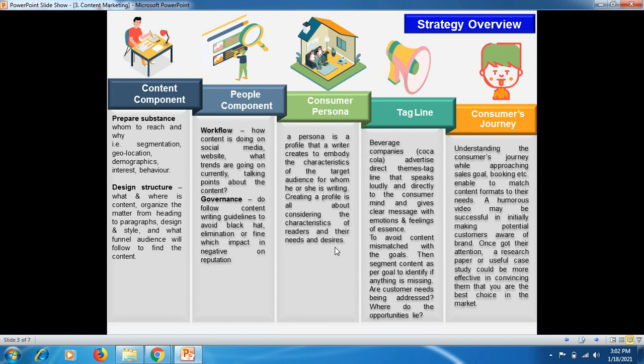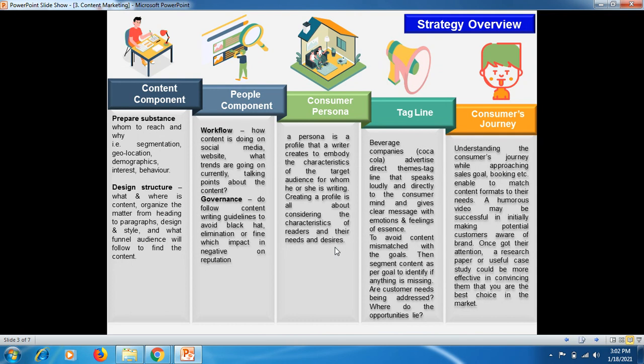And here you have to segment your customers depending on location, demographics, age, gender, interest, and behavior, because your content should speak depending on the interest and needs of the customer as well. Otherwise, their behavior will shift towards your competitor. They won't be able to consider your content for taking a decision. They will avoid you, and they will not have any kind of interest. And further, this will also affect your brand identity as well.